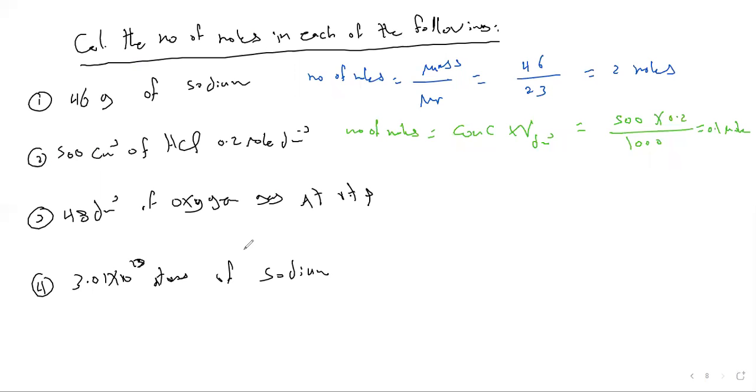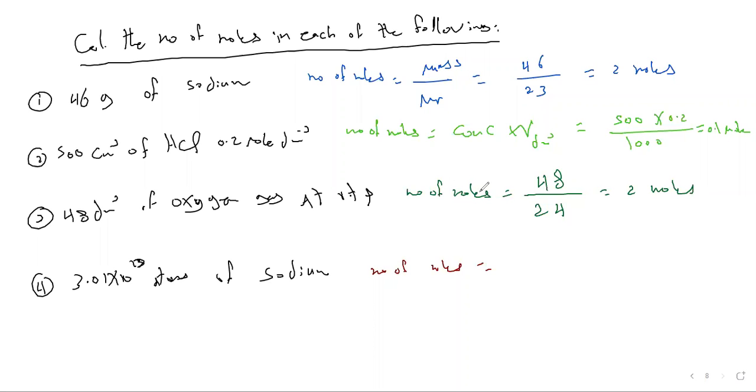After that, for the third one, 48 decimeter cubed is the volume of gas at RTP. So the number of moles is equal to 48 decimeter cubed over 24, which equals 2 moles. If we have it in centimeter cubed, we divide by 1000.